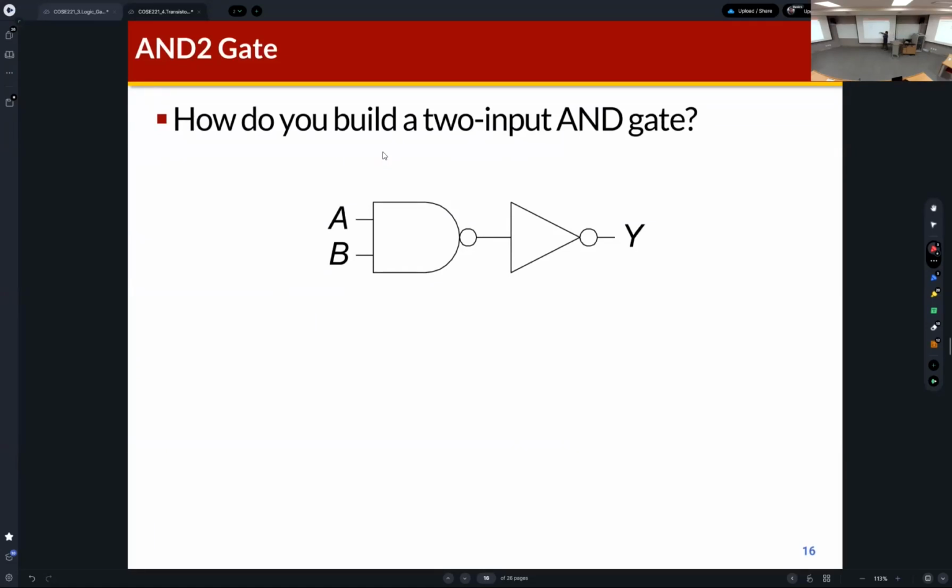We require the 4 transistors for implementing the NAND gate, then we require an additional 2 transistors for implementing the NOT gate. So in order to build an AND gate or OR gate, we require 6 transistors. Comparing the resources, the AND gate requires 1.5 times that of the NAND gate. Okay, so 6 and 4.